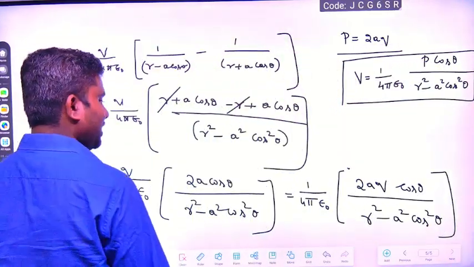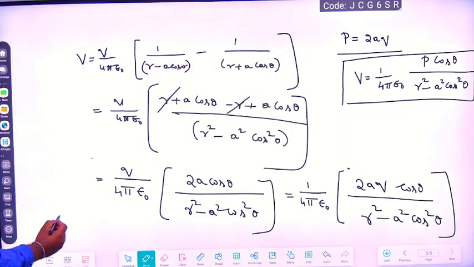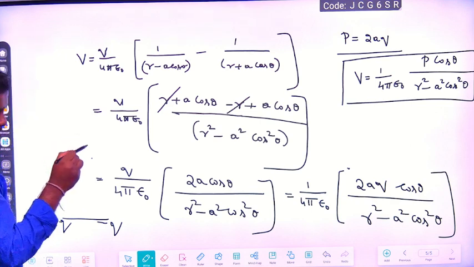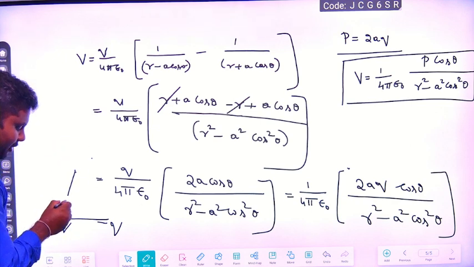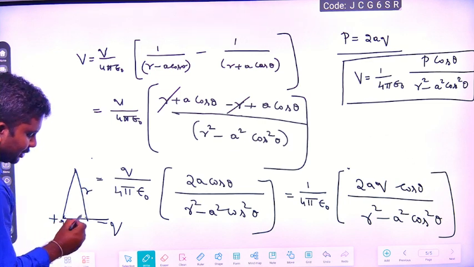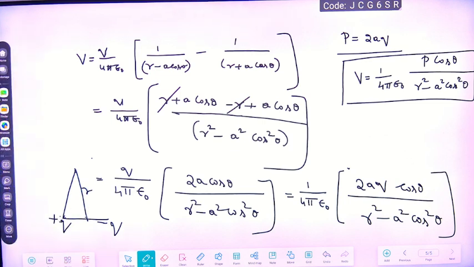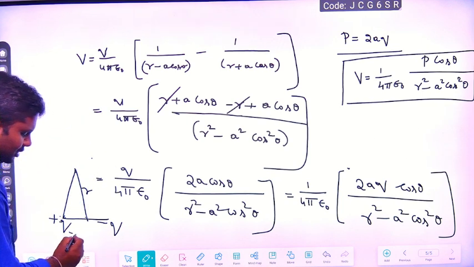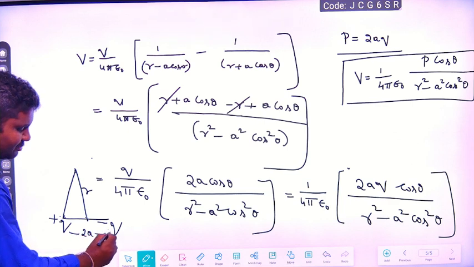And actually, if you take any dipole, the point is very far from the center of the dipole, which is R, but the distance between the center and the charge is very, very less. An ideal dipole is such that the distance between the two charges is very small. Distance 2a is very small.